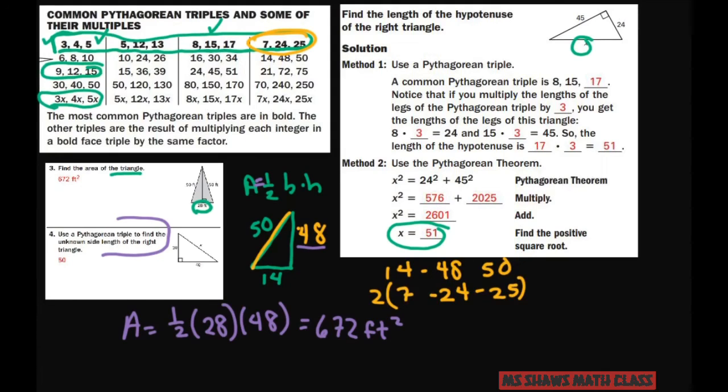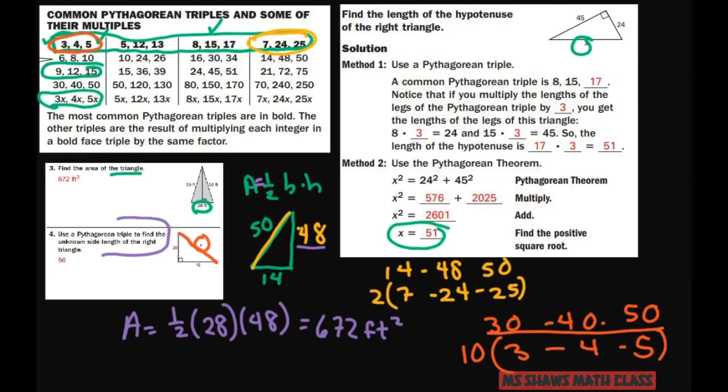Your bigger number is always your diagonal, your hypotenuse here. So right in order, 30, 40. And if you divide these by 10, you get 3, 4. And then if you see 3, 4 here, this has to be 5. And 5 times 10 is 50. So this was multiplied by 10 to give you this number here.